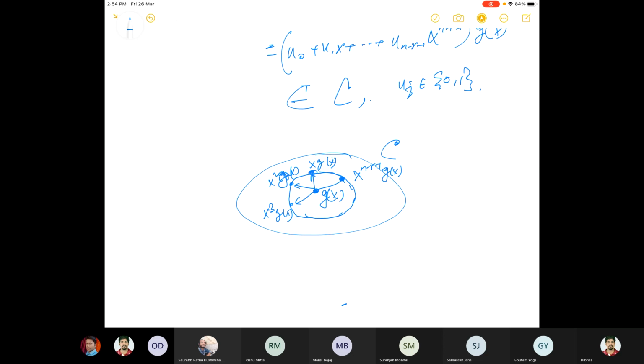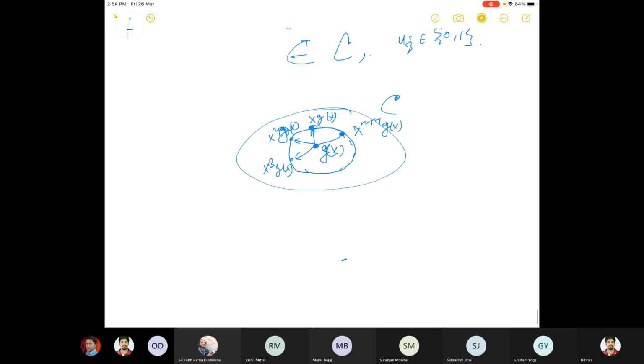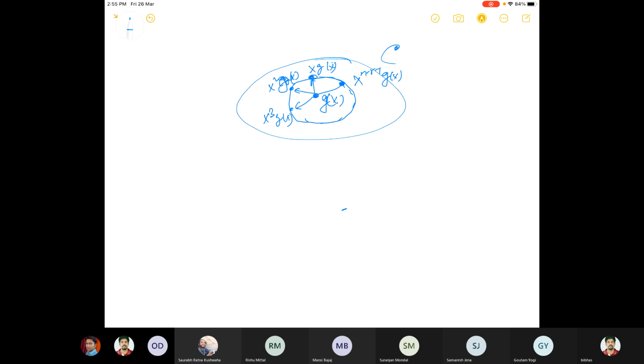Now I'll prove a fundamental property which will characterize cyclic codes. We started with the code polynomial with minimum degree. From that, we are creating new code polynomials, and their linear combinations will also be code polynomials. And now I'm stating one of the fundamental results in this cyclic code topic.